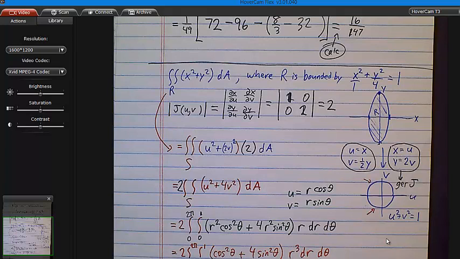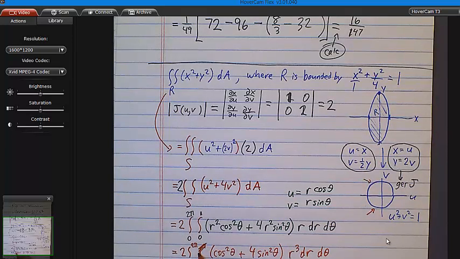Okay. Moving along. 2 integral 0 to 2 pi. Now, when you integrate, maybe I should have done this, guys. You see that 0 to 1?